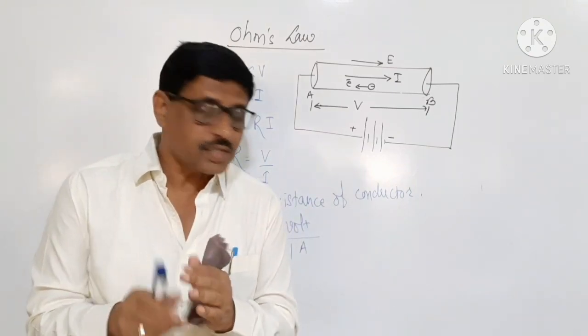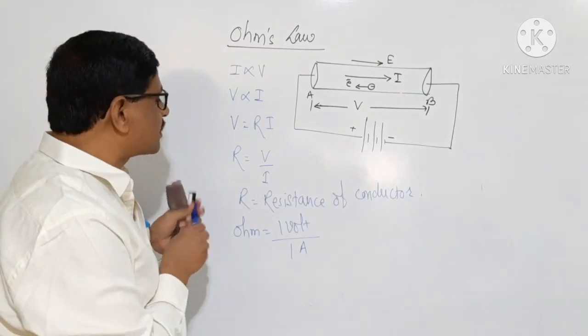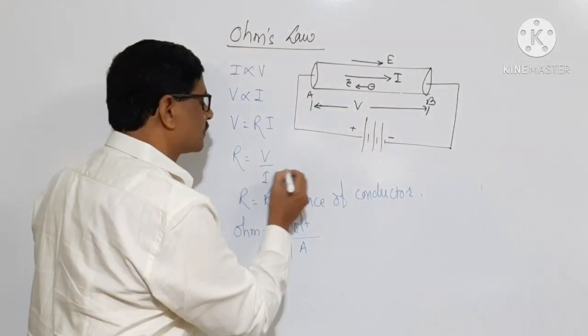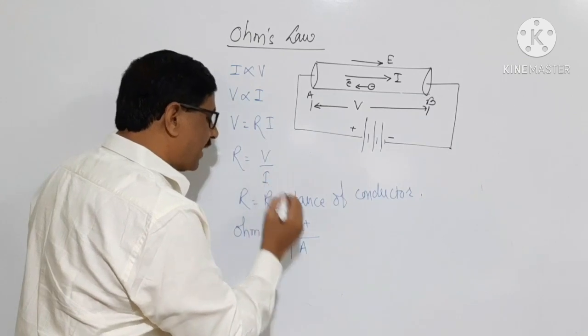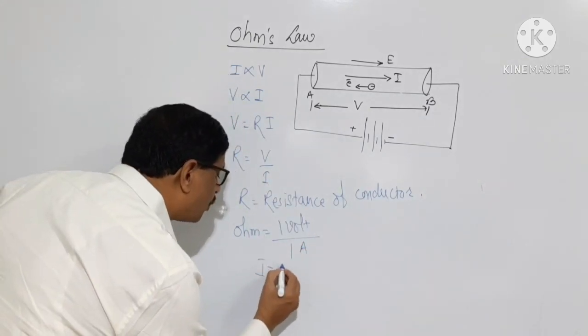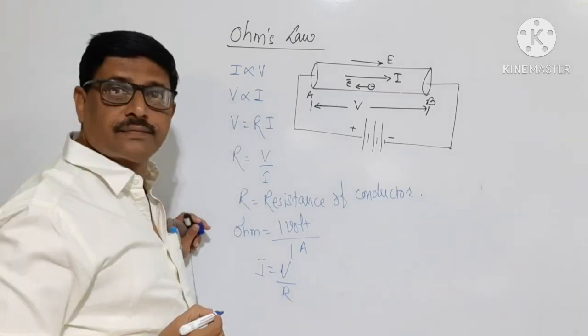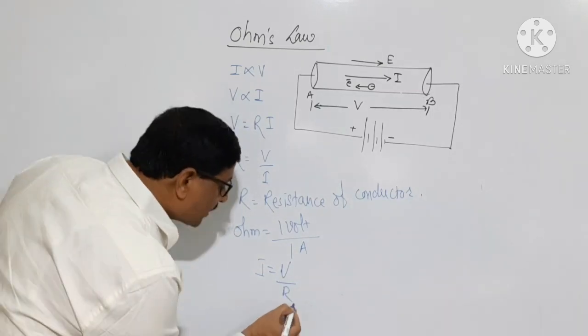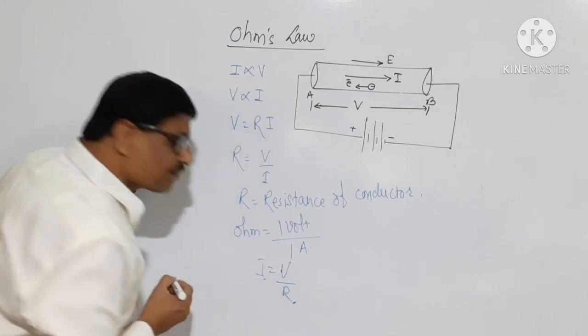What is resistance? If R is equal to V divided by I, obviously I is equal to V divided by R. More is the value of resistance, less will be the current.